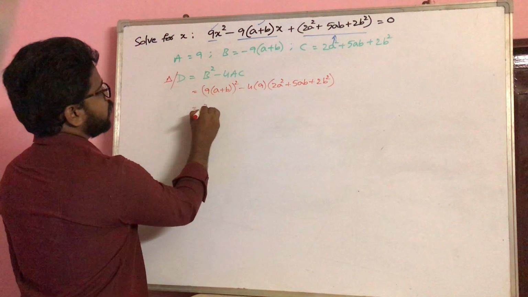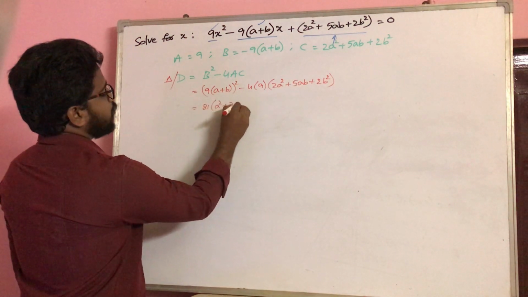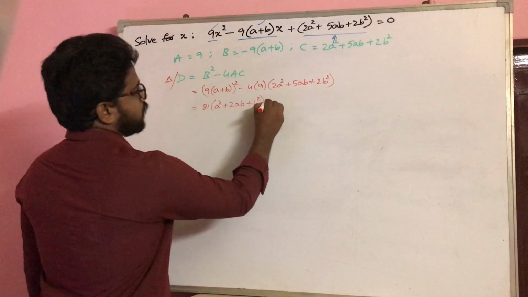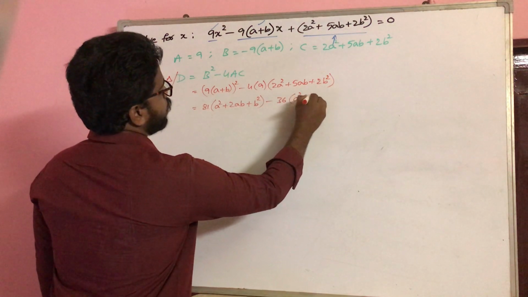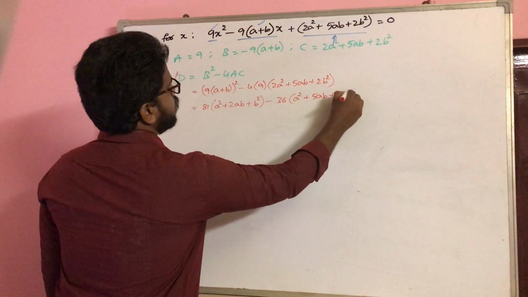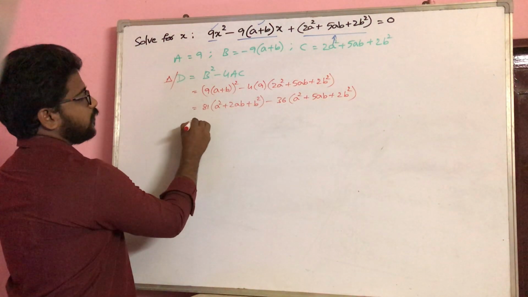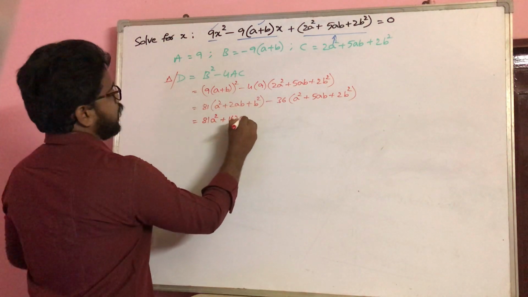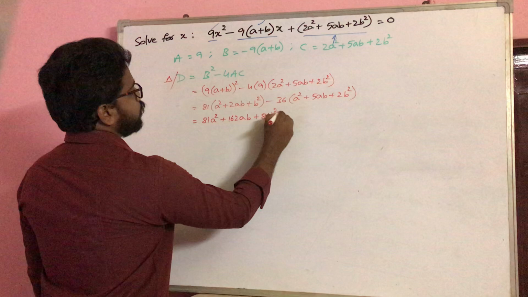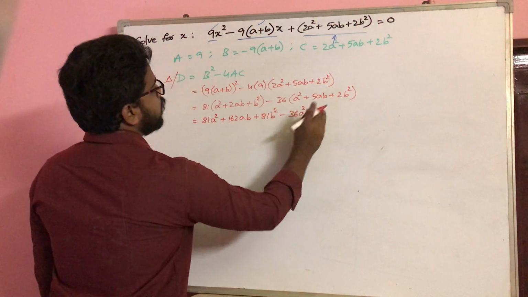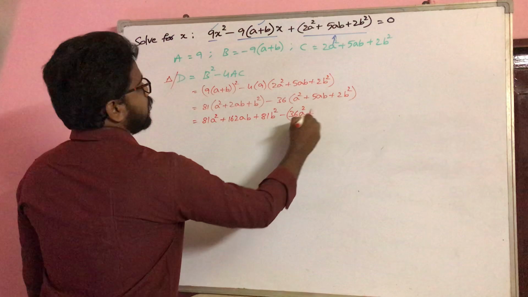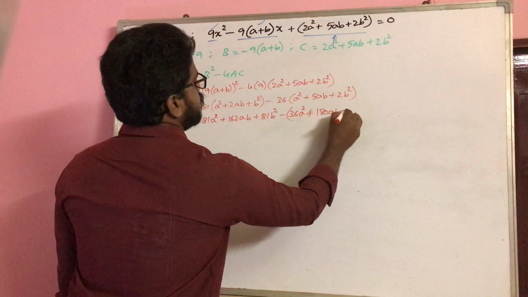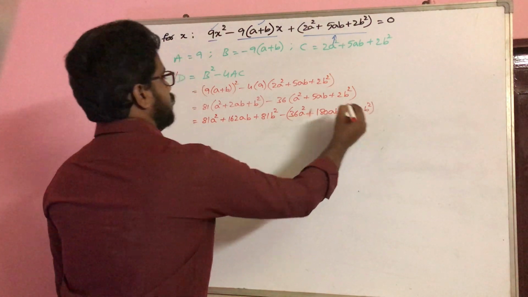Simplified further, this is 81 into a plus b whole square, which can be written as a square plus 2ab plus b square, minus 36 of a square plus 5ab plus 2b square. Simplified further, this equals 81a square, 81 into 2, 162ab, 81b square, minus 36a square, minus 36 into 5, that is 180ab, minus 36 into 2, 72b square.